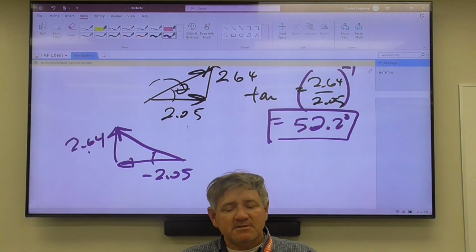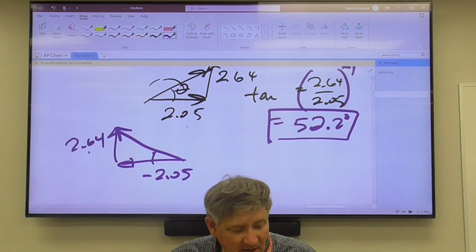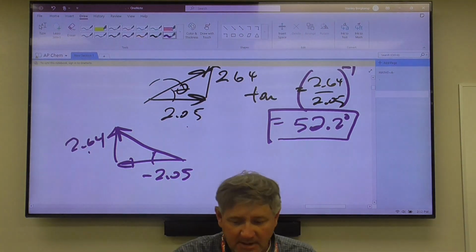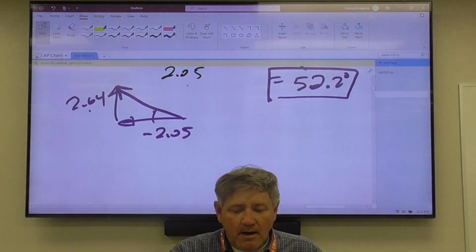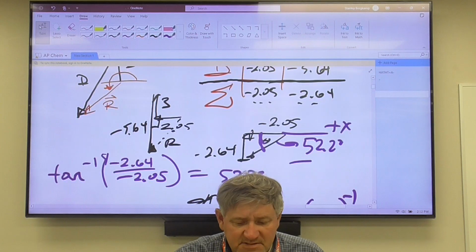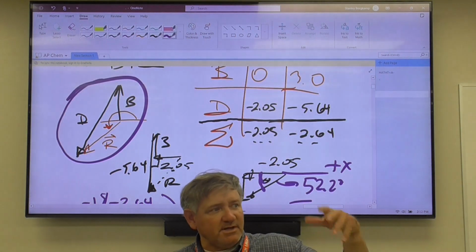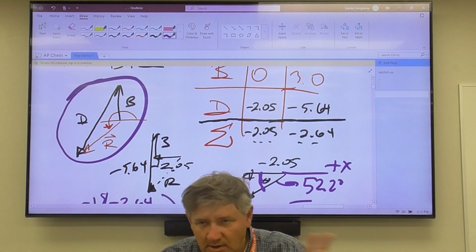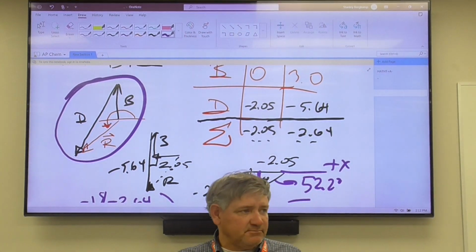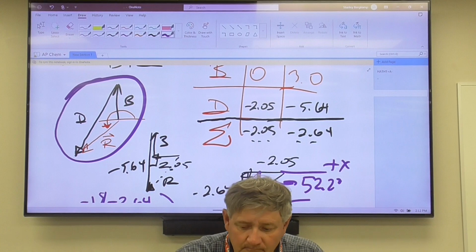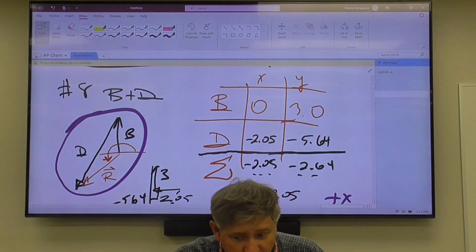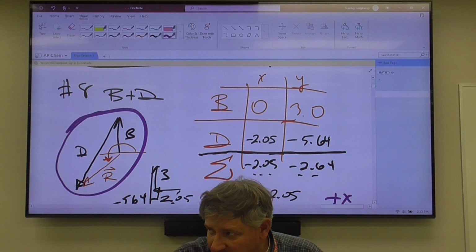So here's what I want to see on a problem like number 10. If you want to do an initial sketch so you get an idea of where you're going to end up, cool. If you don't want to, that's up to you. But what I do want to see is a chart like this.